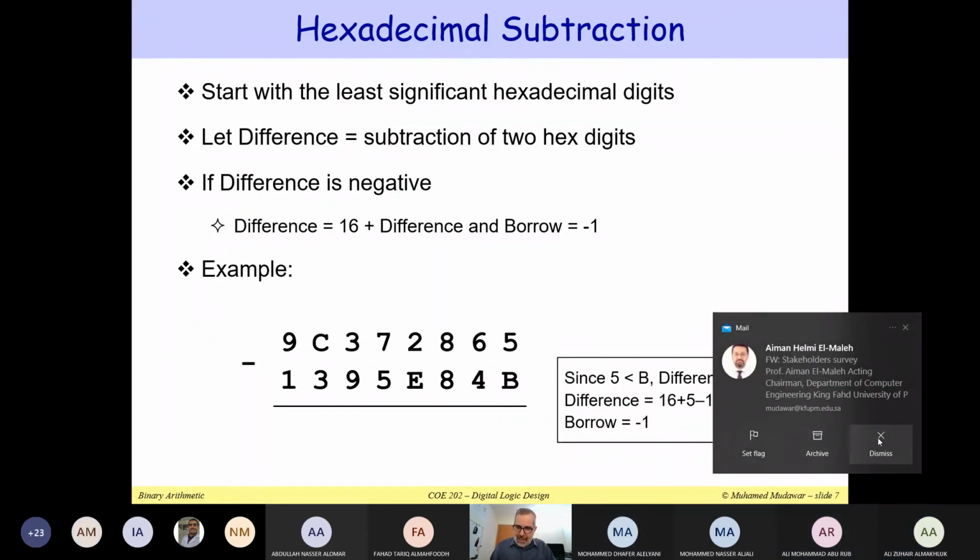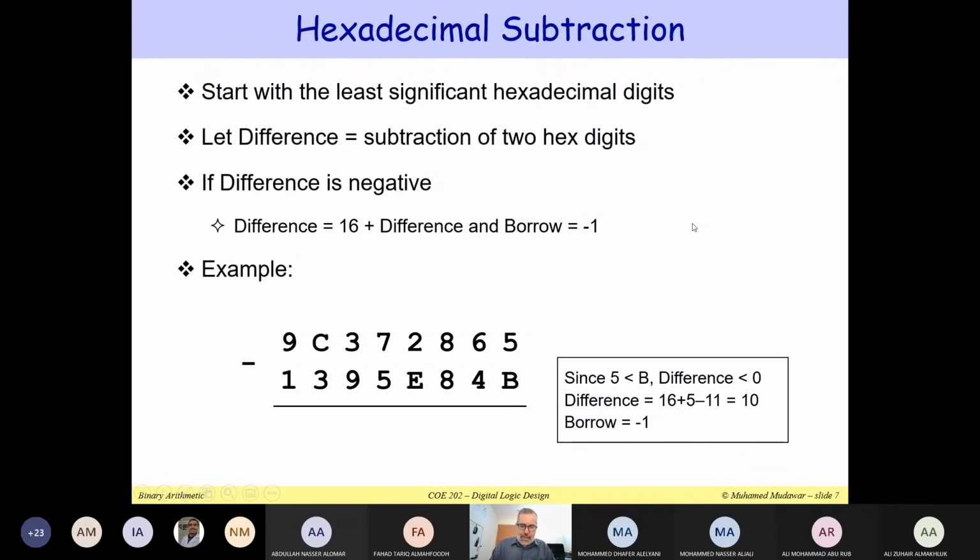Exactly. So therefore here you can see that 5 is less than B, so the difference is negative. So we have to borrow. When we borrow, the borrow is 16. So 16 plus 5 is 21, minus 11 is 10. So we write A, because digit 10 is A in hexadecimal. And we put the borrow here.